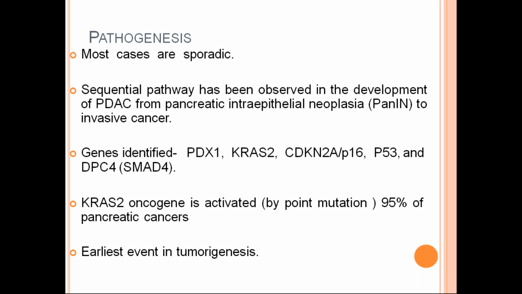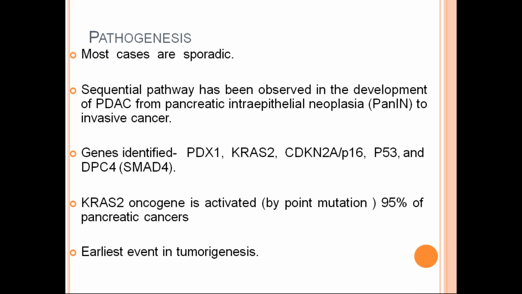A sequential pathway has been observed in the development of PDAC from pancreatic intraepithelial neoplasia to invasive cancer. The genes identified are PDX1, KRAS2, CDKN2A, P16, P53, which I think you know is a tumor suppressor gene, and DPC4 or SMAD4.